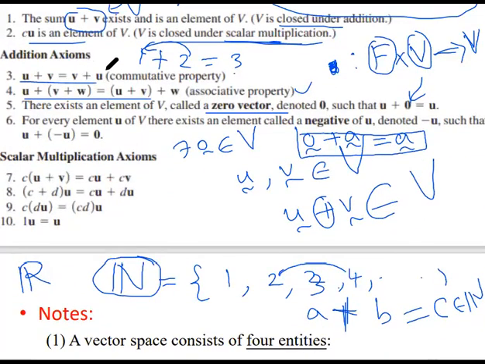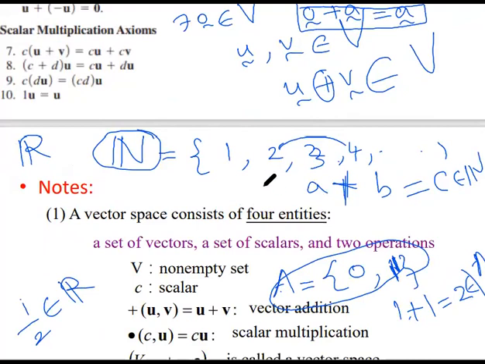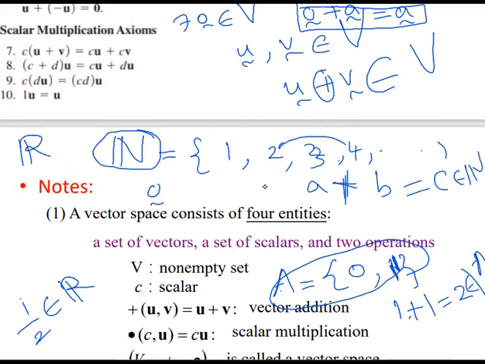Can you find any element in this set, say 0, such that when you add it with any other element a, you get the same element a?